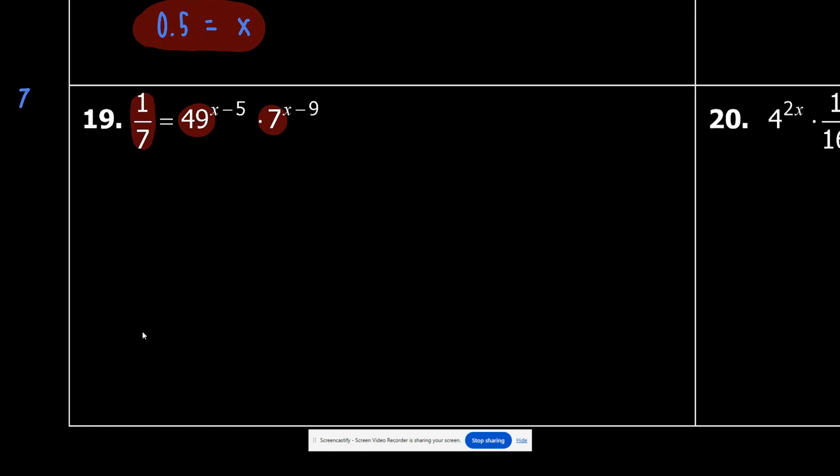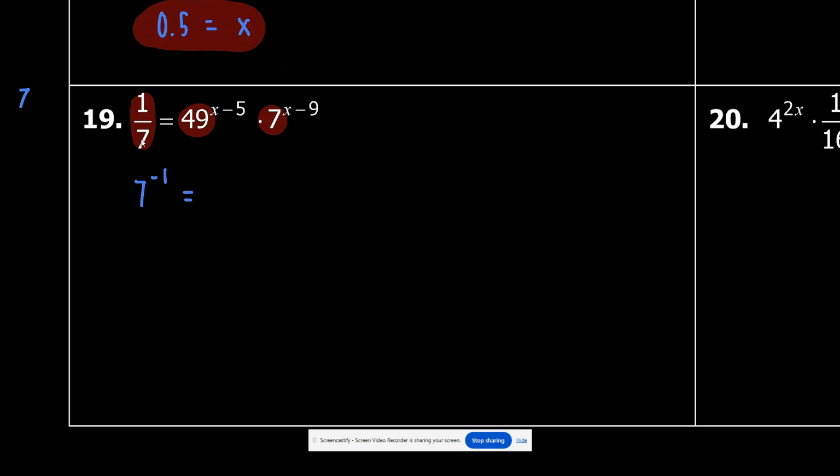It's only one thing here, but can I get 1 over 7 to a base of 7? Absolutely. I can change this to 7, but remember what put it in the denominator? We talked about that yesterday when we did our second example, maybe it was the third example. To make that go to the denominator, I have to use a negative exponent. So since it's the same value of 7, it's 7 to the negative 1.